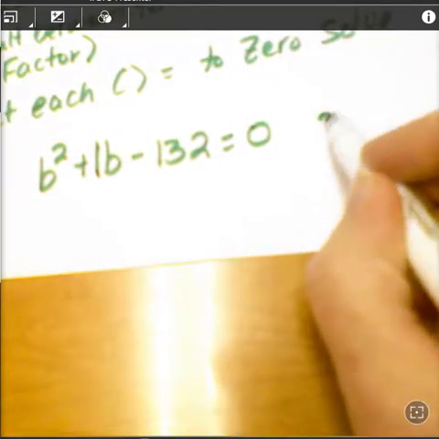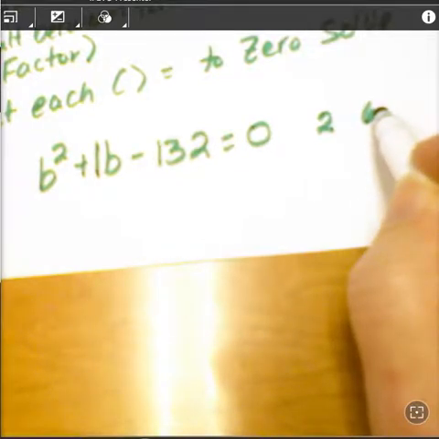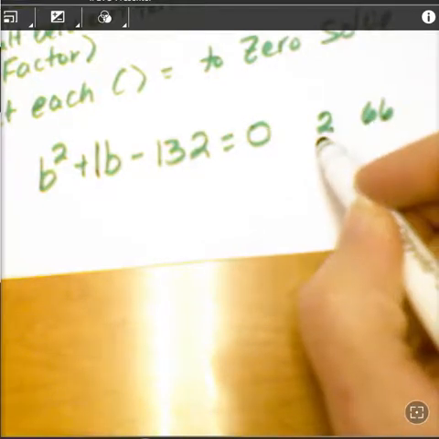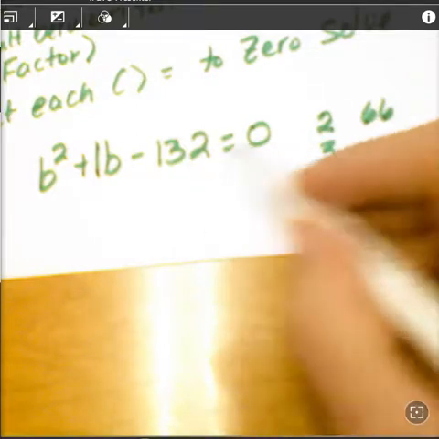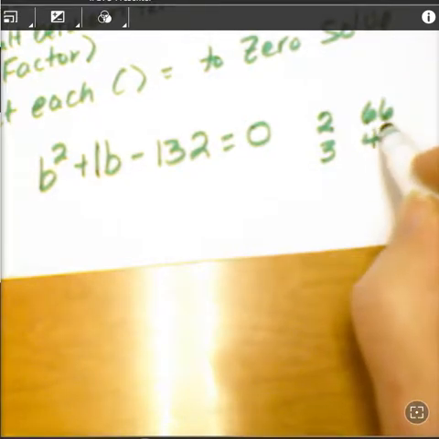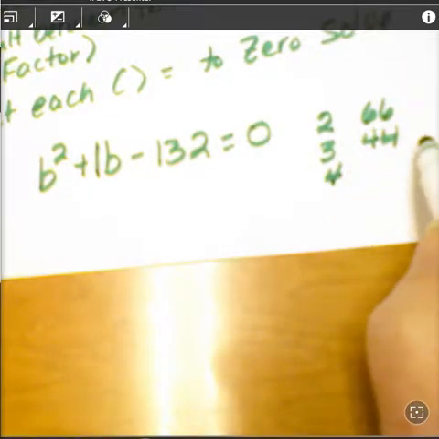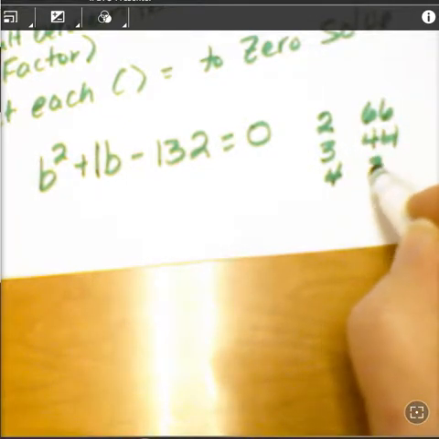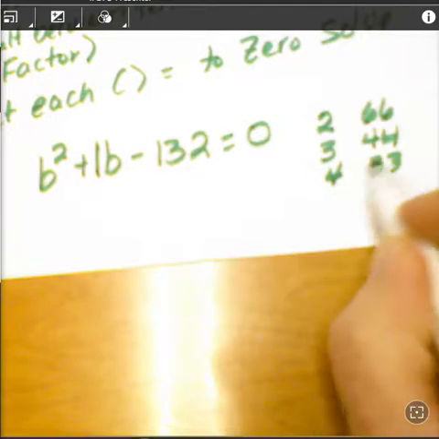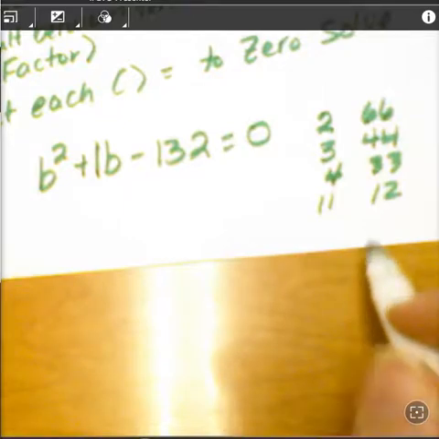Well, I know 2 goes into it, 66 times. 3 goes into it 44 times. 4 goes into it 33 times. So 11 has to go into it because 11 goes into all of those. So 11 goes into it 12 times. Oh, and there it is.